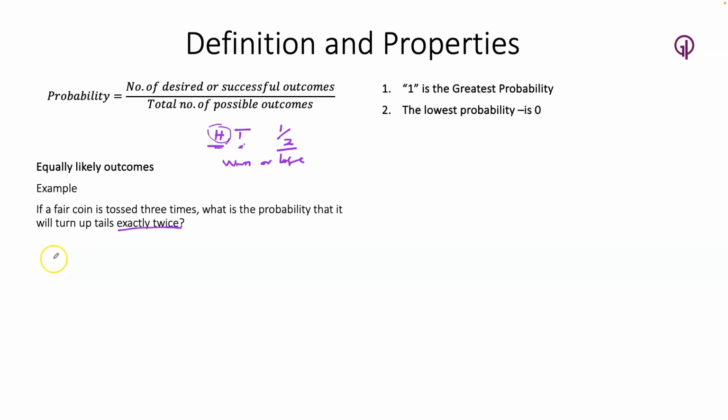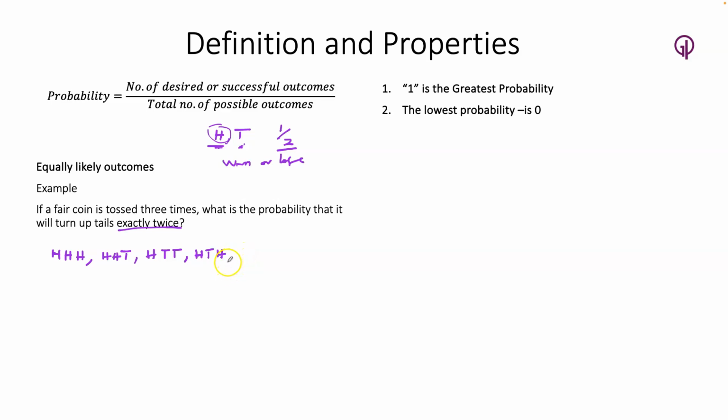So here we get heads, heads, heads. Then we have heads, heads, tail. Then heads, tail, tail. Heads, tail, heads.